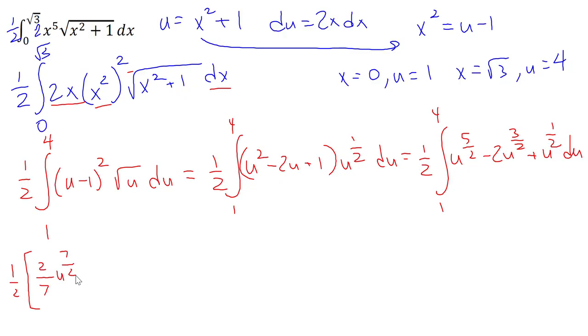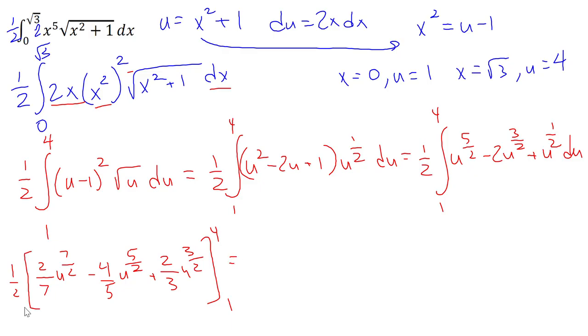And then the minus 2u to the 3/2 is going to become a minus 4/5 u to the 5/2. And our u to the 1/2 will become a plus 2/3 u to the 3/2. And again, we're evaluating from 1 to 4.